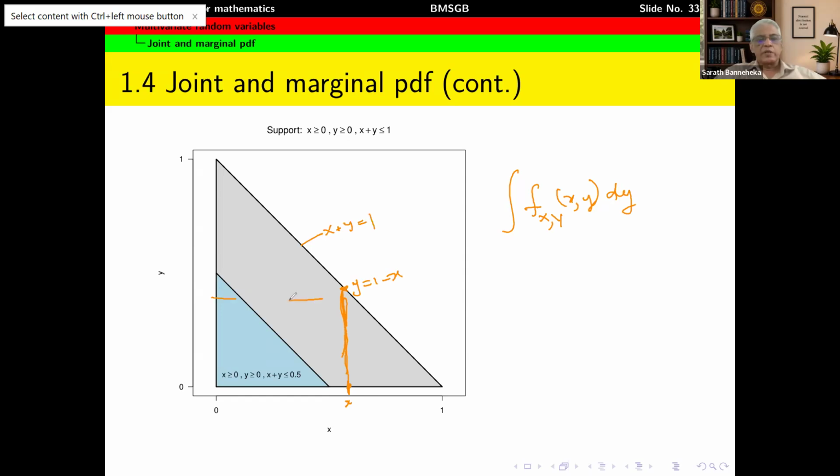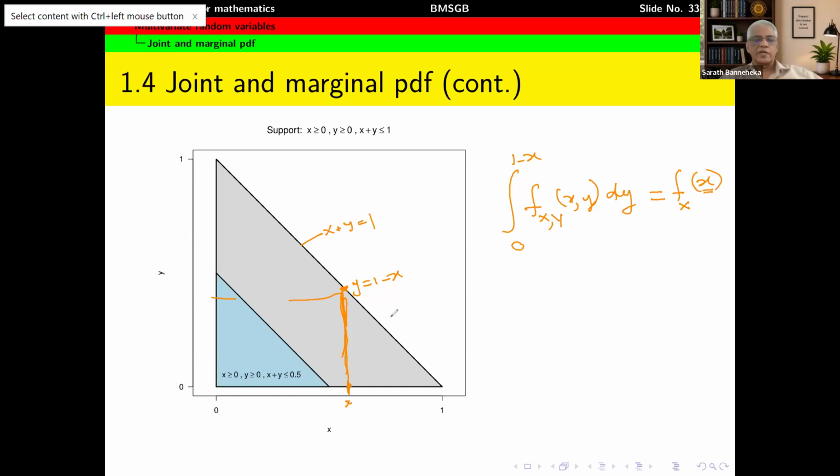This value will be 1 minus x. So therefore I have to integrate this thing from 0 to 1 minus x to get the marginal density function of capital X at x. Right? So that's what you have to do.